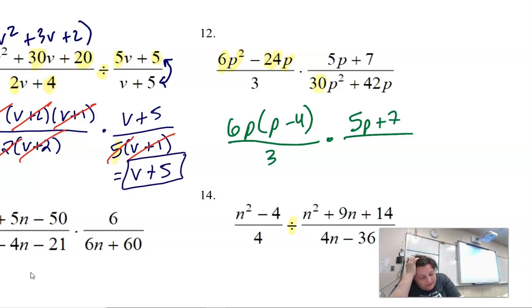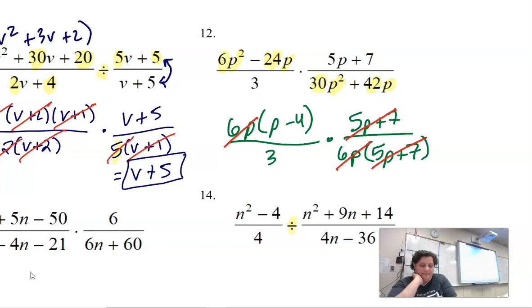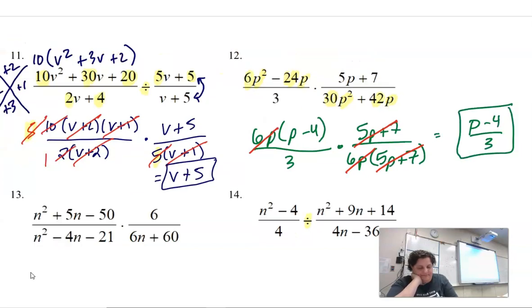So then, okay, 30 and 42, I can take out a 6. And then p squared and p, I can take out a p. So that gives me 5p plus 7. Would you look at that? So I can cross off 5p plus 7 and 6p. Okay? So what I have left is p minus 4 over 3.